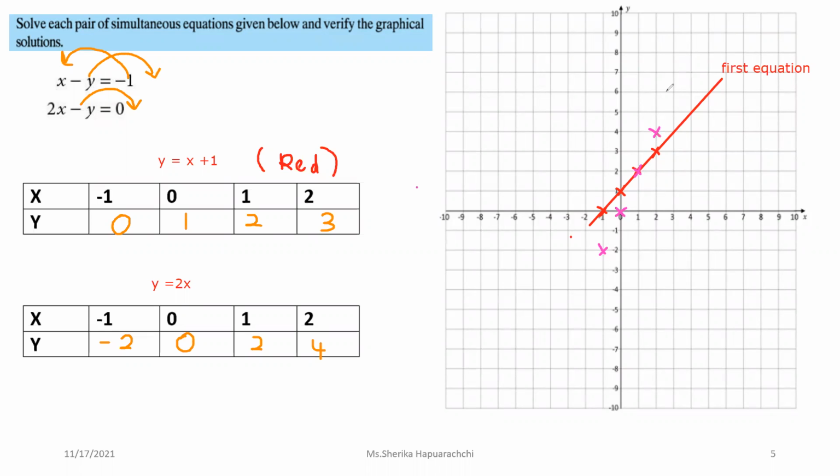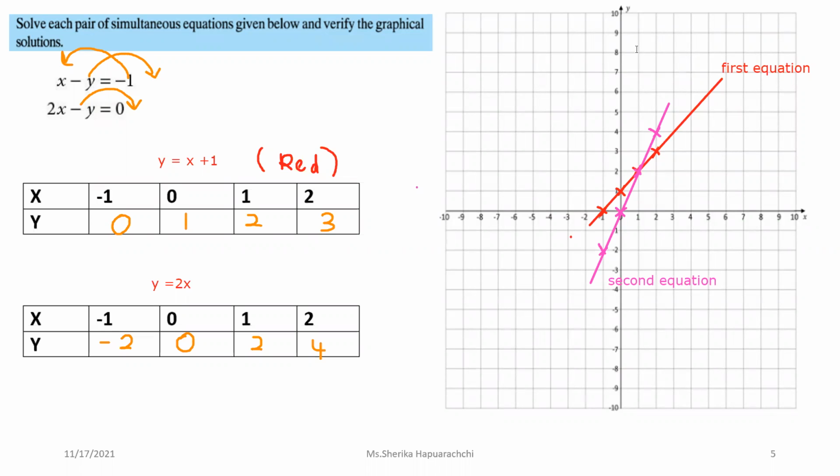Right, so this is how I'm getting. This is my second equation. Right, now I can see my intersection point.